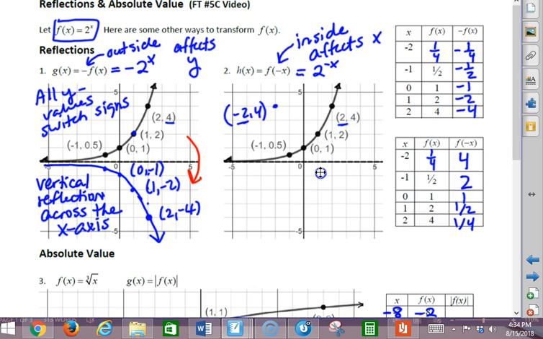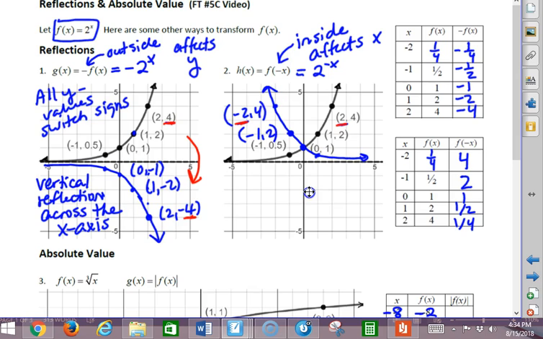Before it was my y's: positive 4 changed to negative 4, positive 2 changed to negative 2. Here I'm changing my x values. 1, 2 is now negative 1, 2. 0, 1 stays the same, and then my point negative 1.5 becomes positive 1.5, and the graph looks like this.